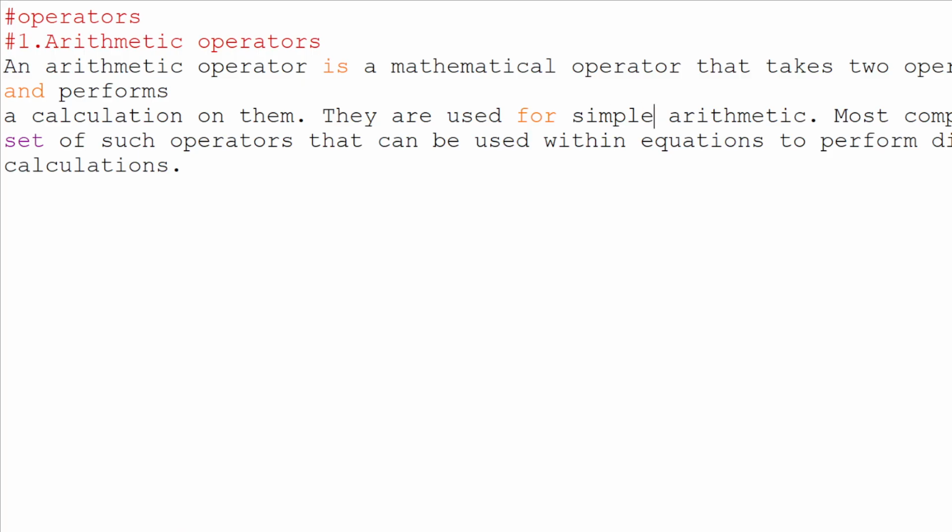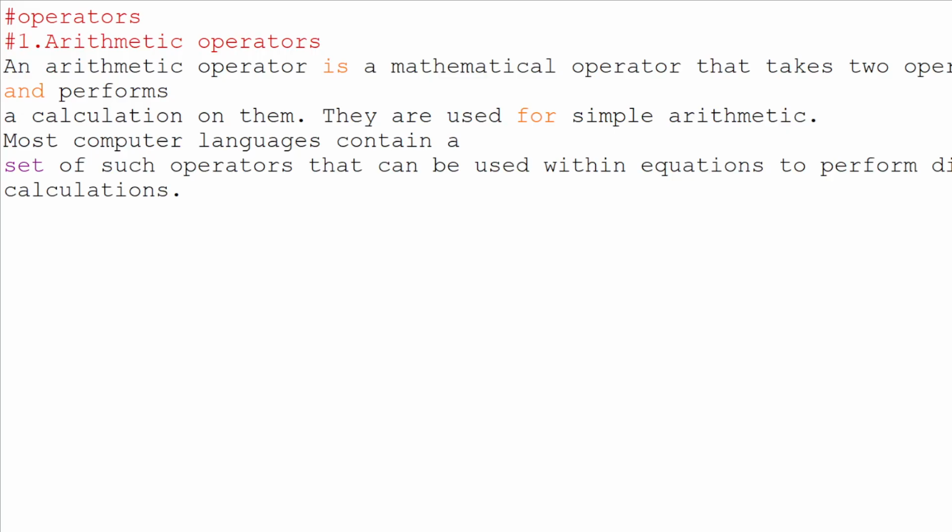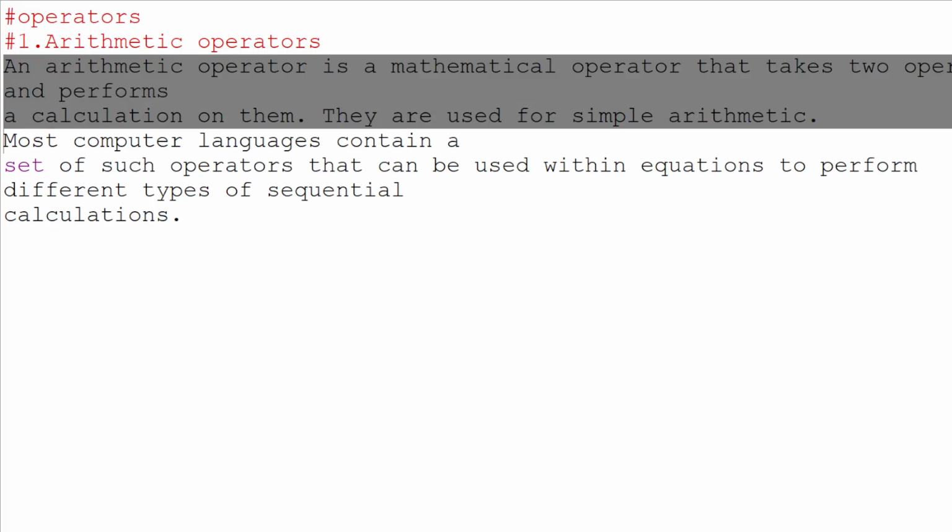They are used for simple arithmetic operations. Most computer languages contain a set of such operators that can be used within equations to perform different types of calculations. This is just a normal definition. You will never require this kind of definition, it is just to understand things. So I will just comment this.